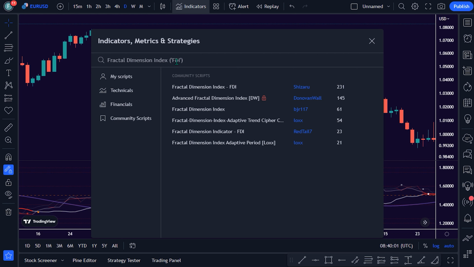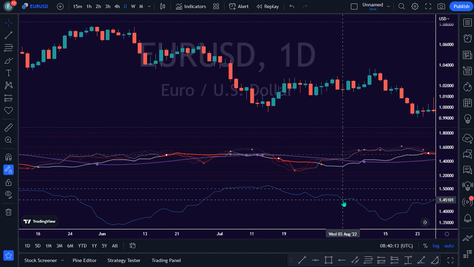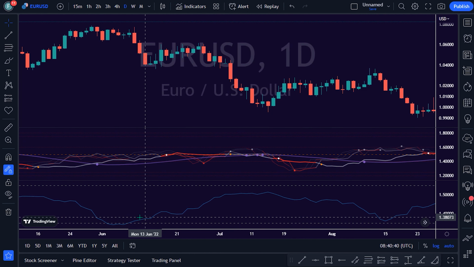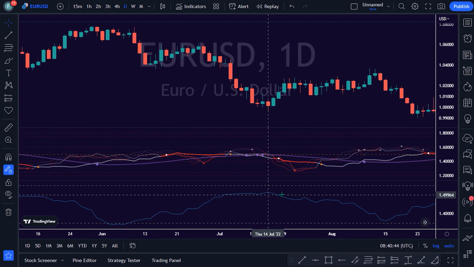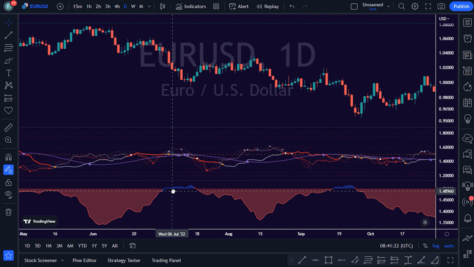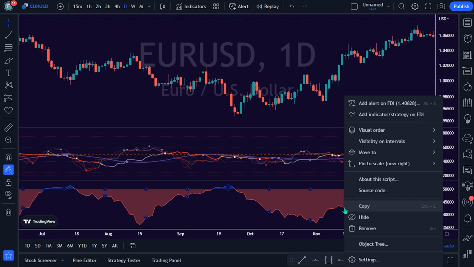The Fractal Dimension Index, FDI, is an indicator that helps to determine the persistence or anti-persistence of a market. A persistent market follows a market trend, while an anti-persistent market results in substantial volatility around the trend, with low R2, and is more vulnerable to price reversals. That's all for now on the Fractal Dimension Index FDI indicator.